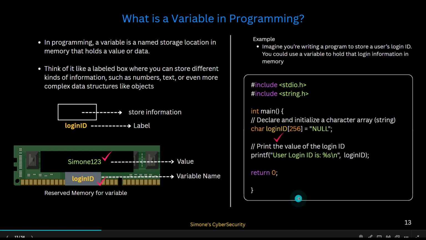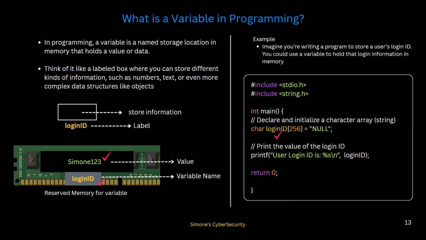So here we declared a variable named loginID that can hold up to 256 characters, but we are not leaving it empty. We are also initializing it. That means we are assigning it a starting value, in this case null, which is a placeholder that acts like a clean state. Why initialize the variable?